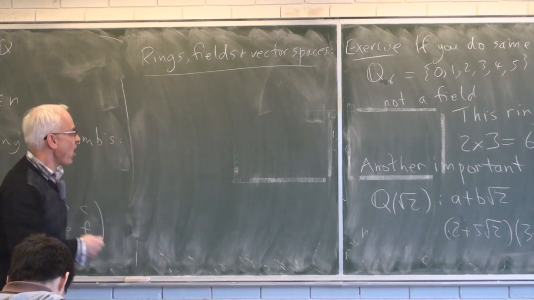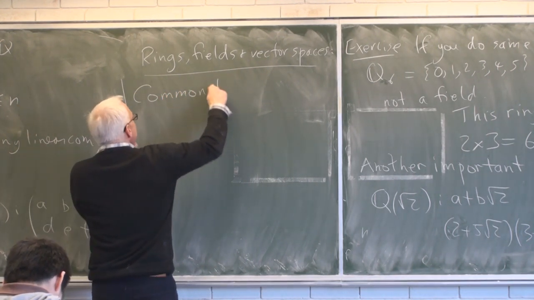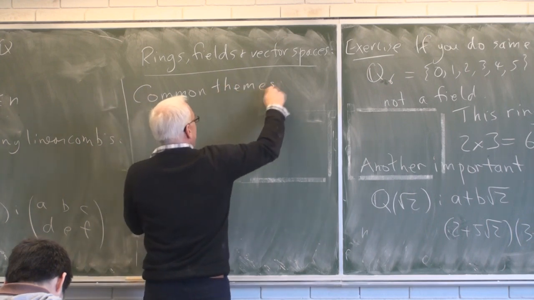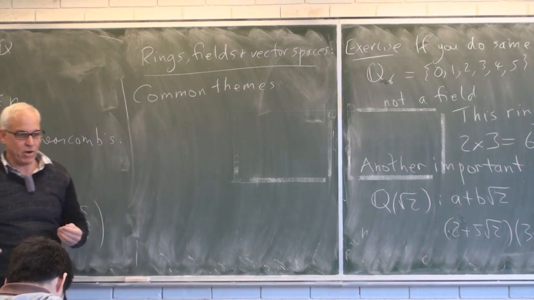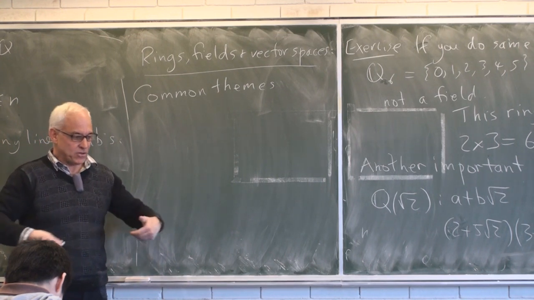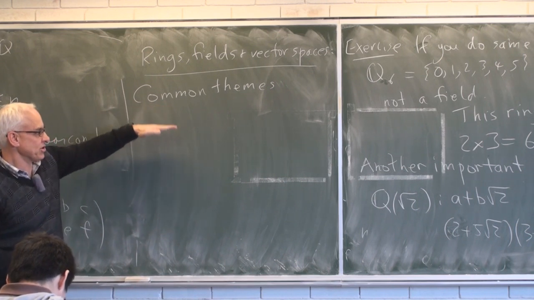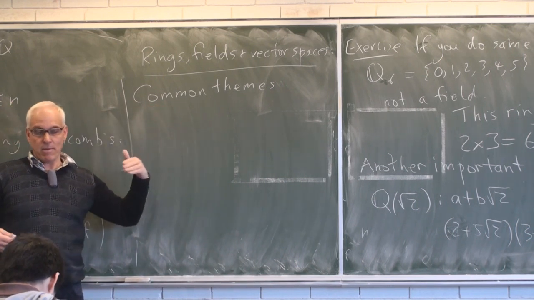Okay? So there are some common themes that reoccur over and over in algebra, and it's probably good to point out what those are. So if you're faced with a new algebraic object, chances are you should ask questions along the lines of the ones I'm about to list.